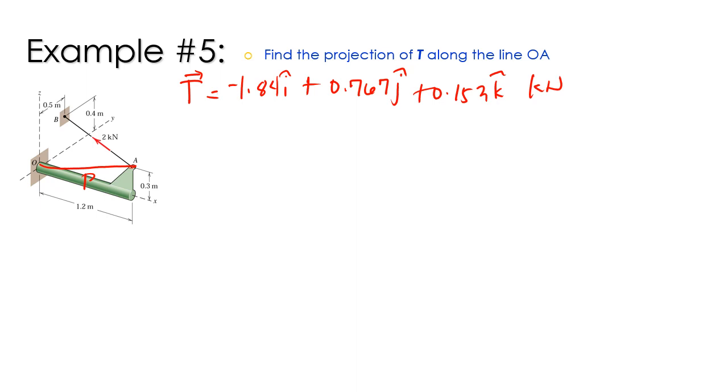Then P dot T, the dot product of P and T, is equivalent to PT cosine theta.